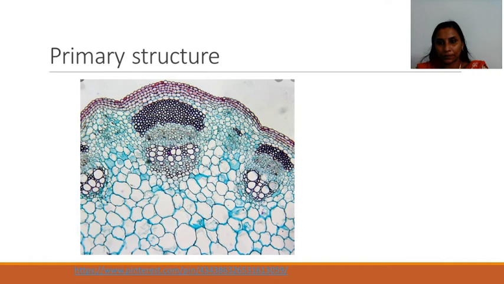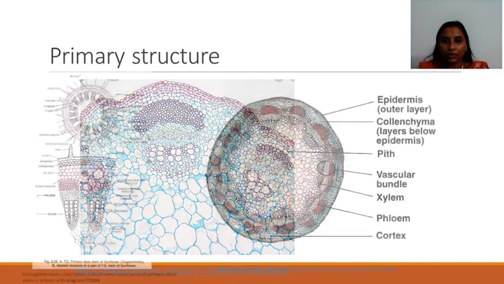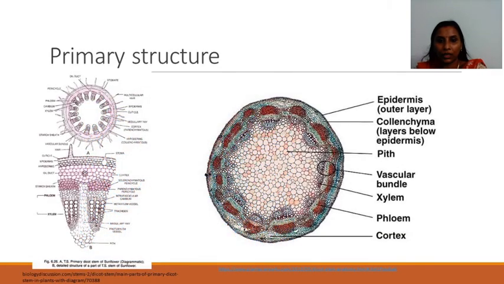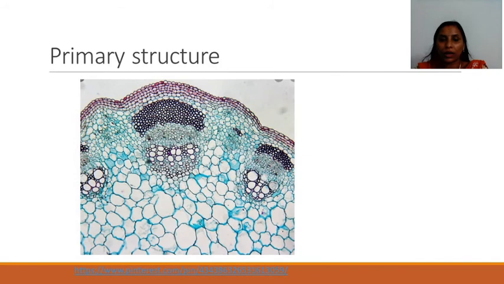That is a character of dicot stem, and all of those will be arranged in a ring form. Here you can see a ring of vascular bundles. This is known as the ring arrangement of vascular bundles. That is another character of dicot stem.